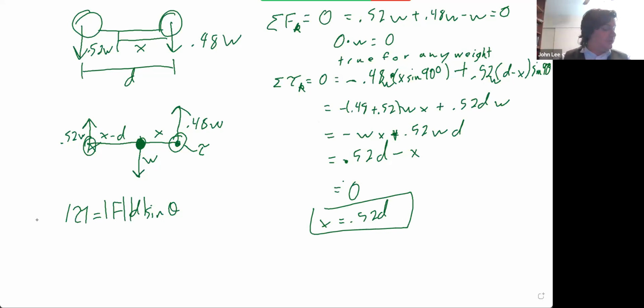We're going to do 2 more statics problems, and then I'm going to go to the next section. So clear this out. Next problem is a torque balance.